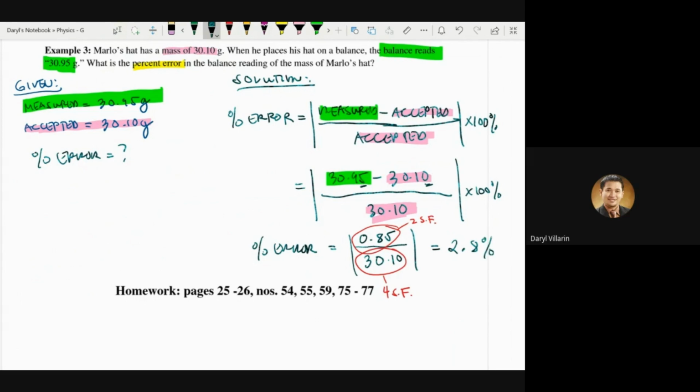If you can see, this is 2 sig figs. That's the final answer. It's not 2 decimal places because you're dividing. The final process is division. So the final answer is 2.8 percent. And actually, that is a good result. That's less than 5%. So for the experiments we will be doing, that's a very good result, 2.8% as a percent error.